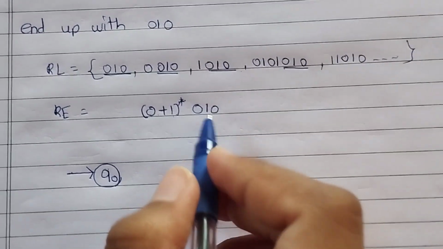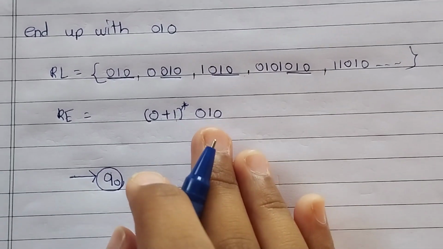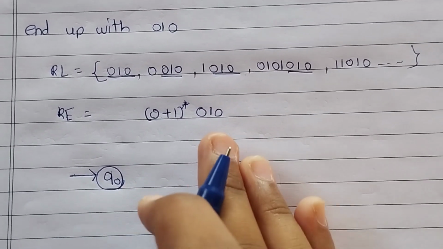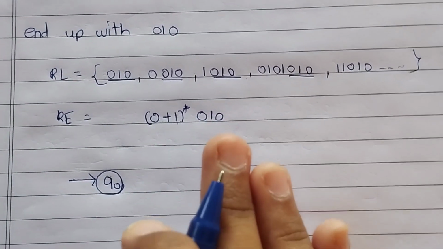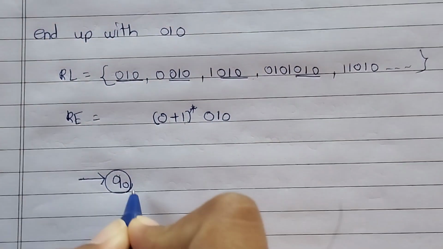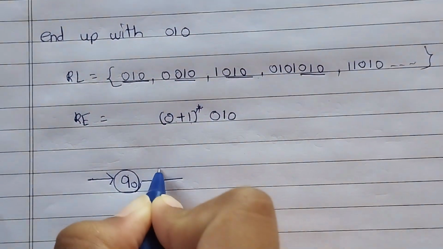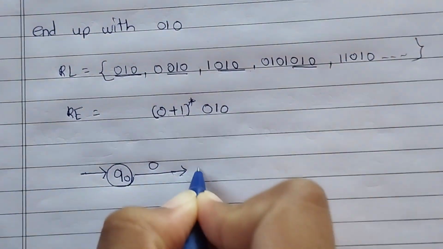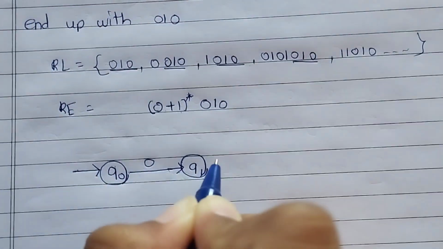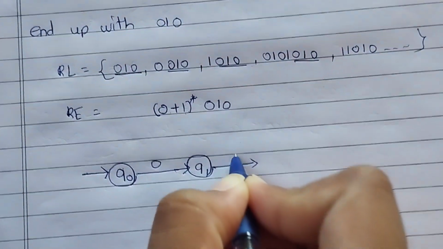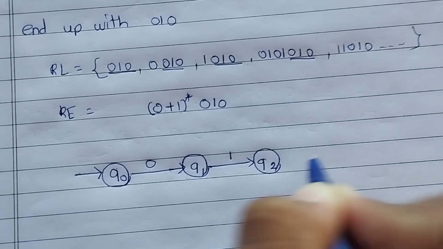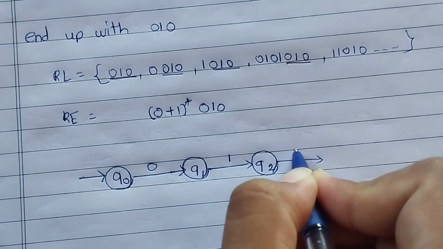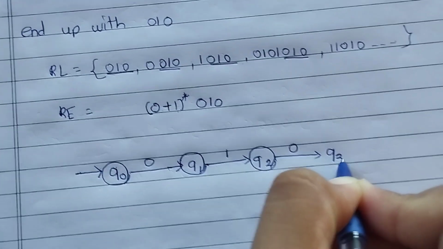Then first see what is required, which is the compulsory string in this state. The 0 1 0 is compulsory for any string. So first write this 0, then Q1 is the second state, then again 1, this is Q2, and again 0 and Q3.